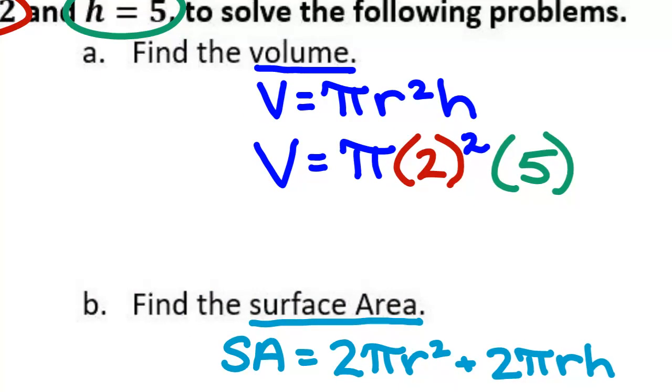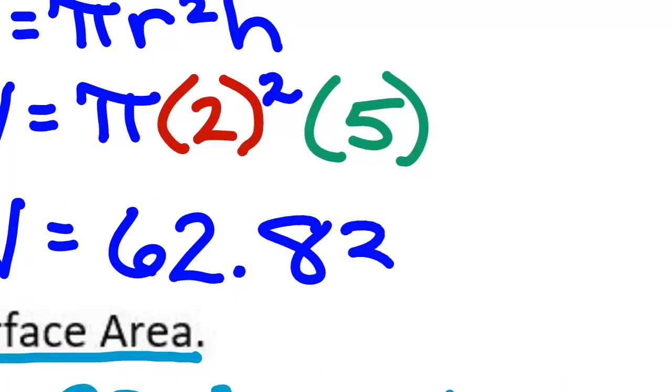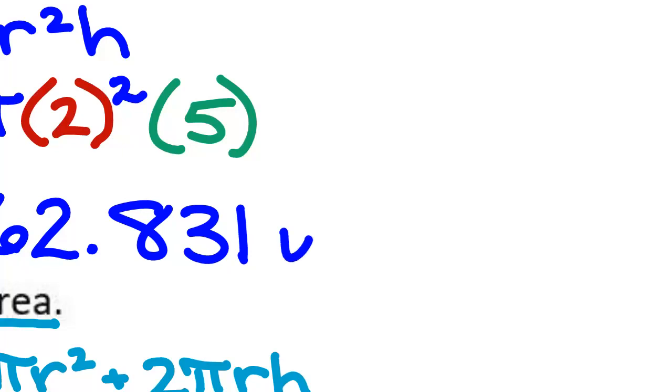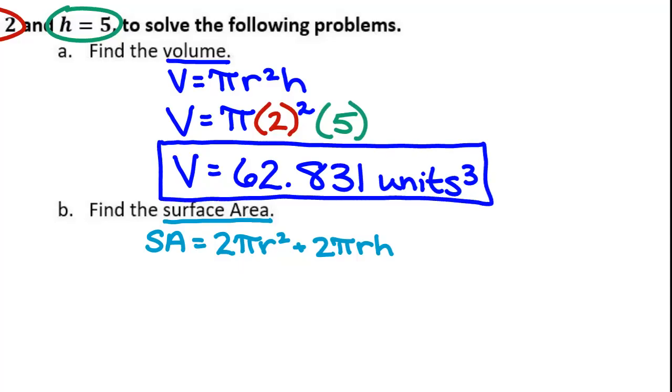Now we need to take it and put that into the calculator. 62.831, and that would be units cubed because it is volume. Yes, H stands for height.